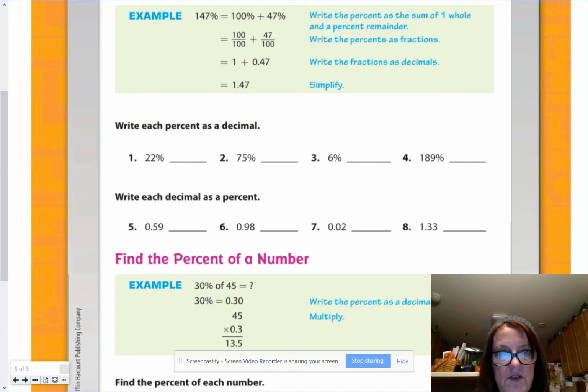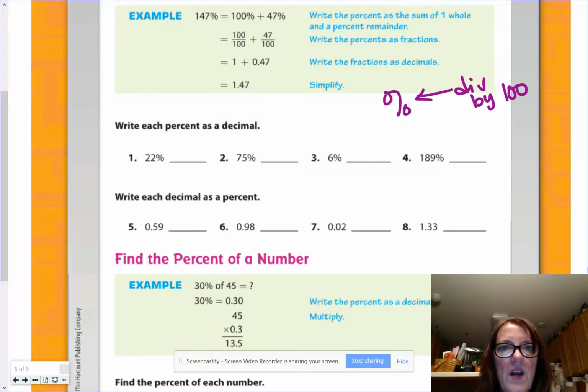When you have a decimal, you want to turn it into a percent. Okay? Percent, this symbol actually means that you're dividing by 100. So when I want to go back to the decimal, it has something to do with 100, basically whether you're multiplying or dividing by 100.